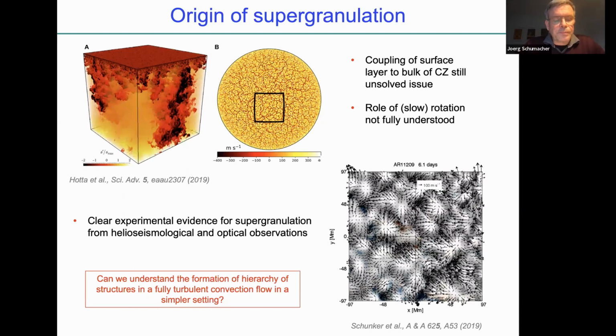for which it is still a challenge to couple the surface layer to the bulk of the convection zone. And also the role of the slow rotation is not fully understood and is a topic of active current investigation in that field.